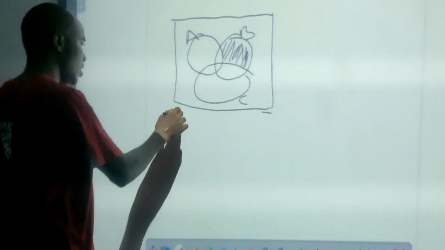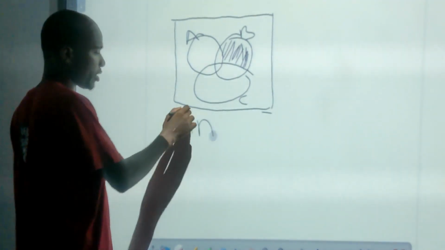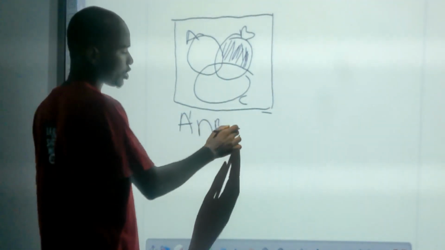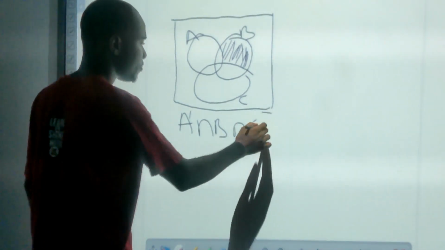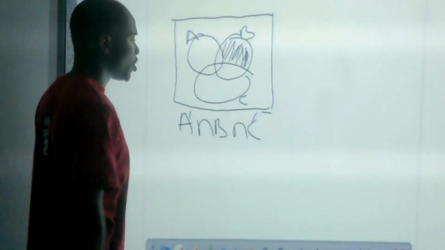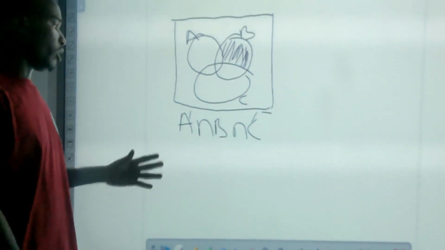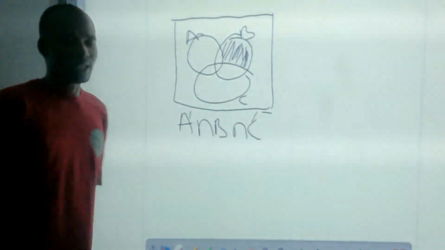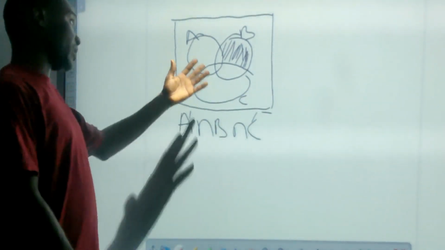What we have there is A prime intersection B intersection C prime. That means we are saying what does not belong to A, but is in B and does not belong to C. Is that okay? So that is just the part there.